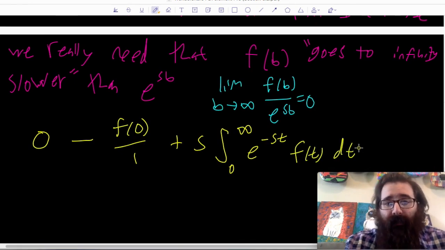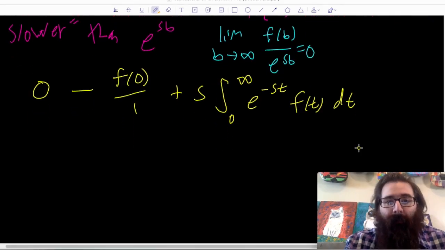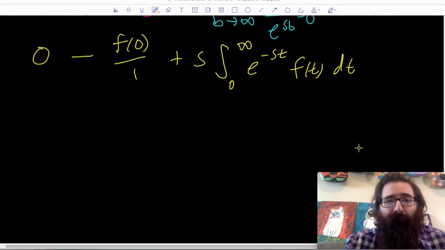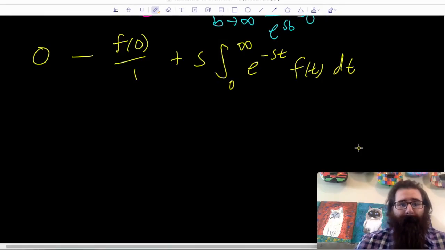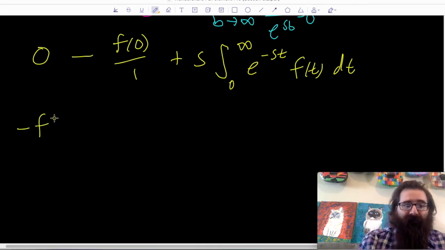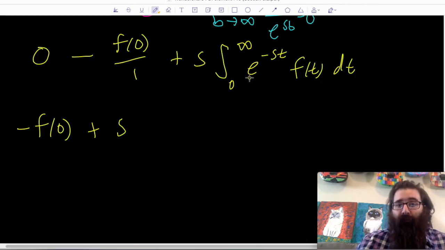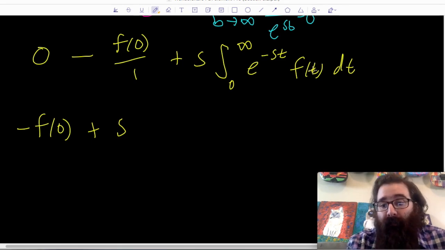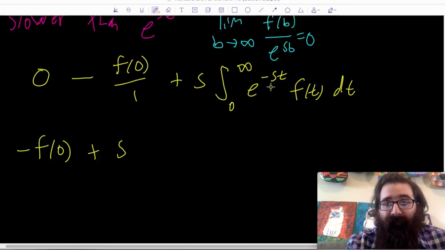And there's a lot that I can say about this, and we're sort of coming to a close here with this first identity. I don't need the 0. This minus f at 0 divided by 1, that's just minus f at 0, plus, here I have s times, we should recognize this integral. The integral from 0 to infinity of e to the minus st times little f at t, that is by definition the Laplace transformation of little f at t.